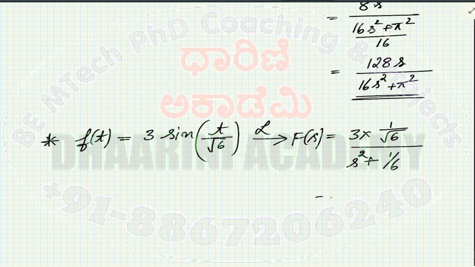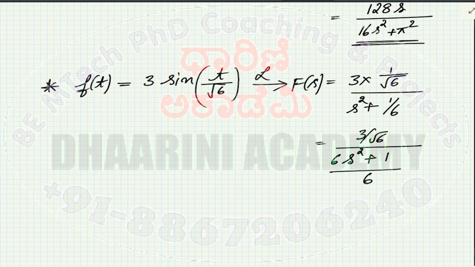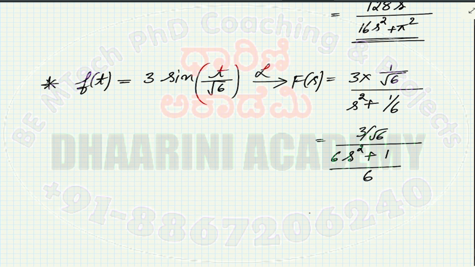Okay, so we'll simplify this as, anyway, there is a 3 by root 6 whole divided by 6. I'll take a common denominator, so this is 6 times s square plus 1, whole divided by 6. This means there is a 3 by root 6 and I am bringing the denominator to the numerator, divided by 6s square plus 1.